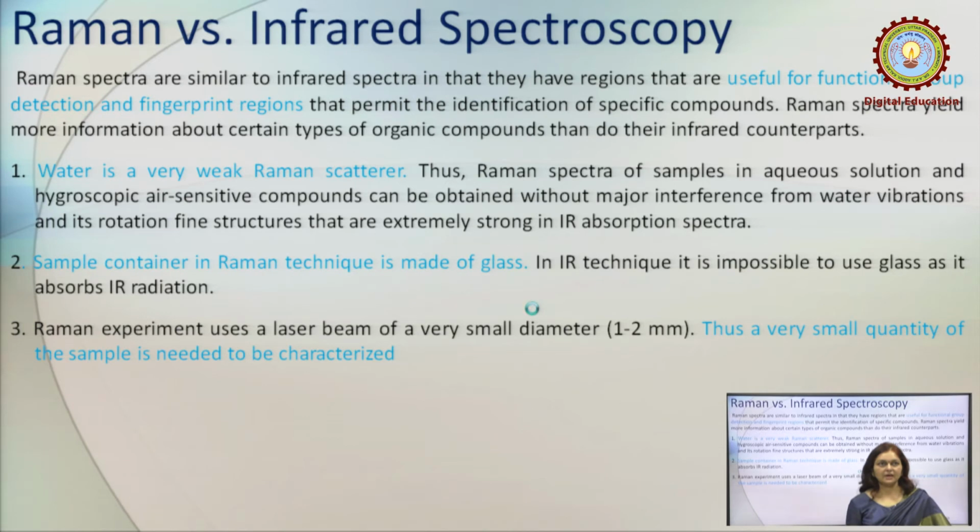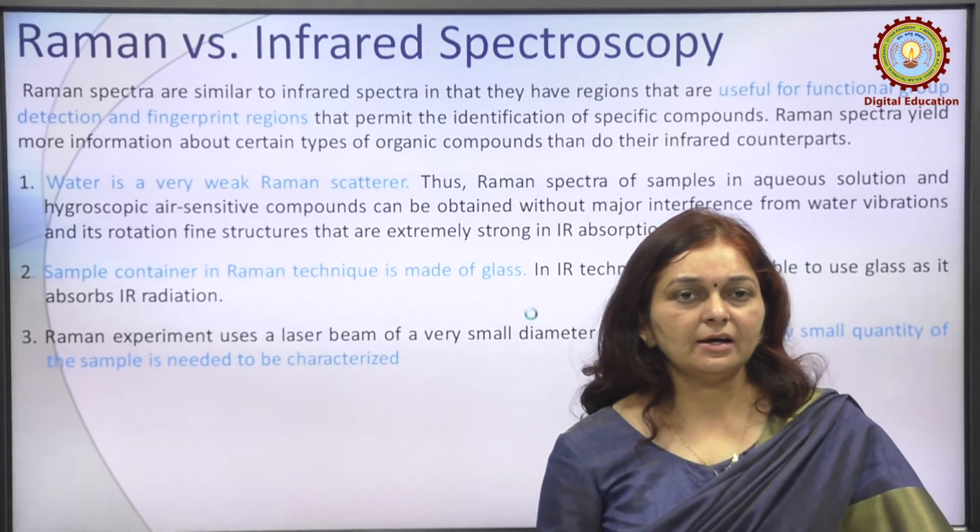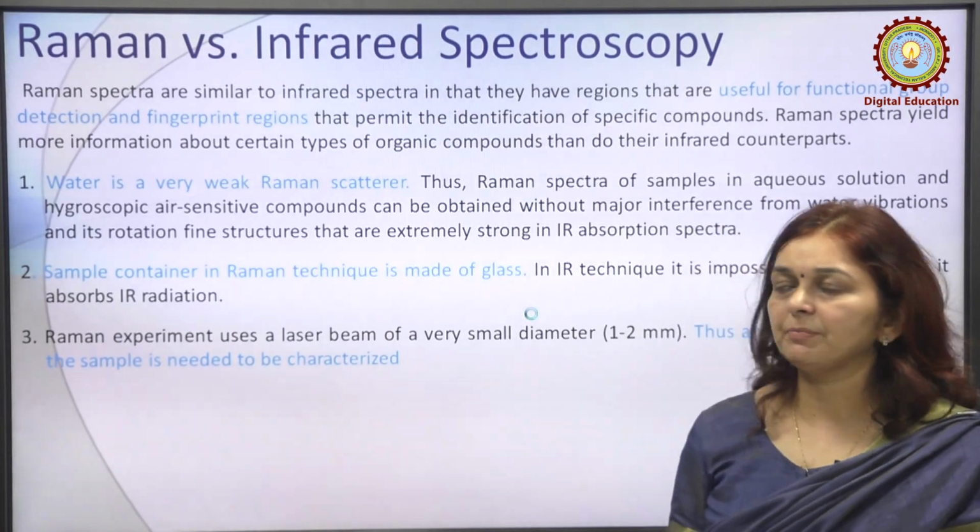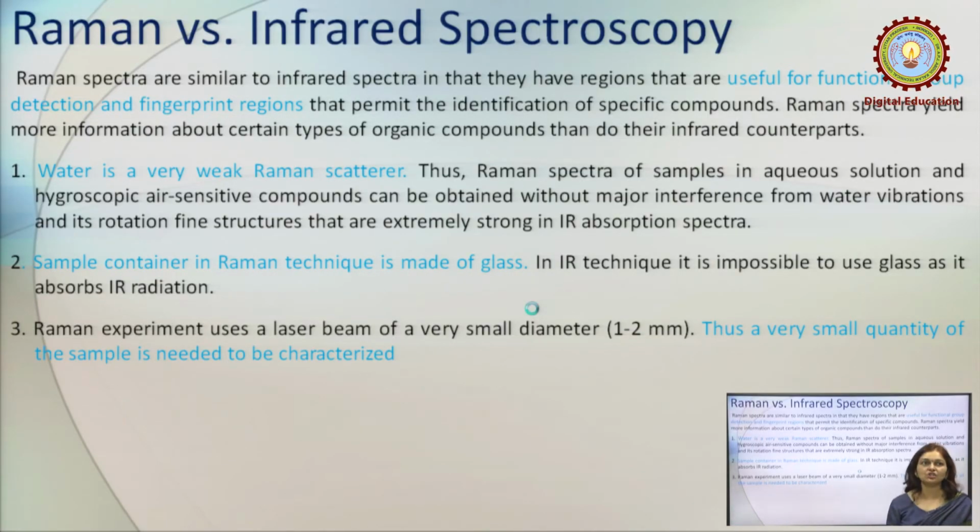Raman versus IR. There is a difference between Raman and IR. Raman spectra are similar to IR because they are useful for functional group detection and the fingerprint region that permits the identification of specific compounds.